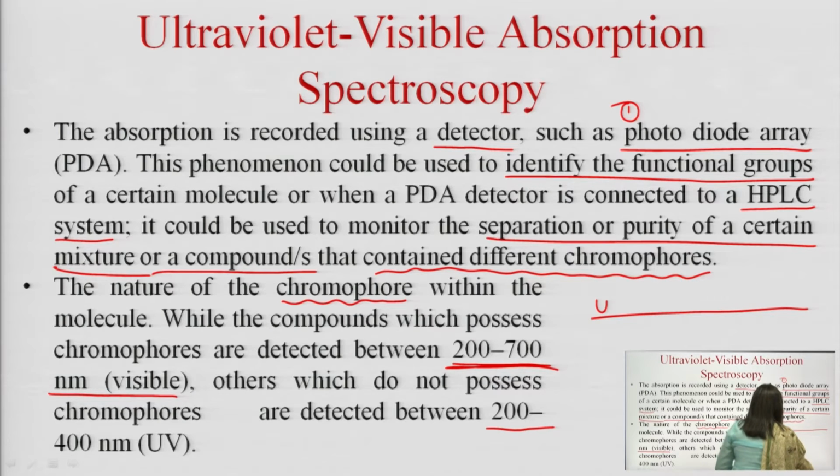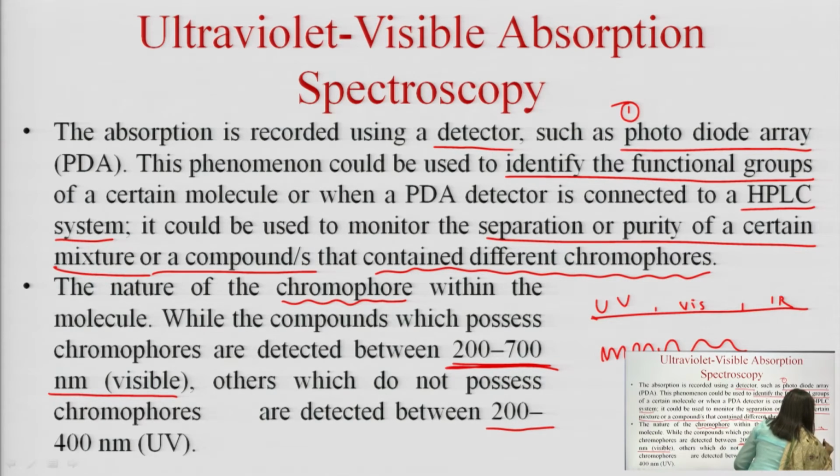UV is the shortest wavelength rays, then we have the visible, and then we have the IR. So, this is the electromagnetic spectrum. UVs are known to be of short wavelength, while the visible range is from 400 to almost 700 or 800 nm, and the IR is still longer wavelength, possessing more than 800 nanometer wavelength.